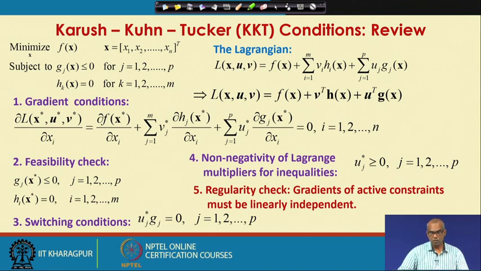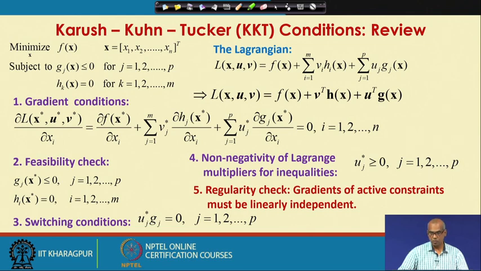The points that satisfy all these KKT conditions are known as KKT points. So, a KKT point is the likely candidate for optimum. Remember, the KKT conditions are first order conditions for optimality.